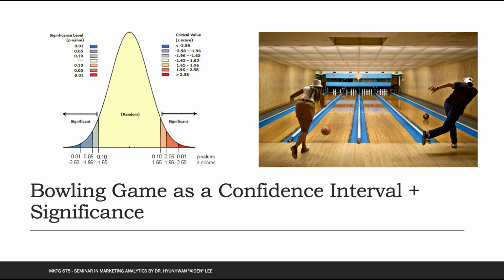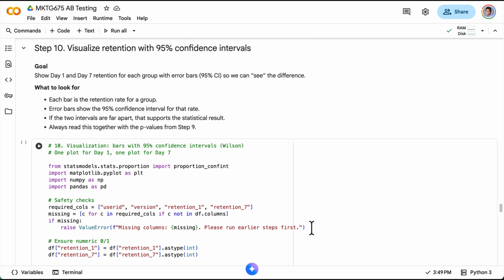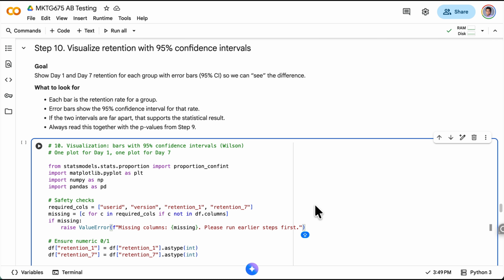If the entire interval falls away from 0, it is as if the ball stays in the lane but clearly on one side, and we call that statistically significant. If the interval still touches 0, it is like a ball that wobbles near the middle. We cannot clearly say whether there is a real effect or not. So CIs tell us not only whether the result is significant, but also how wide the uncertainty is around our estimate.